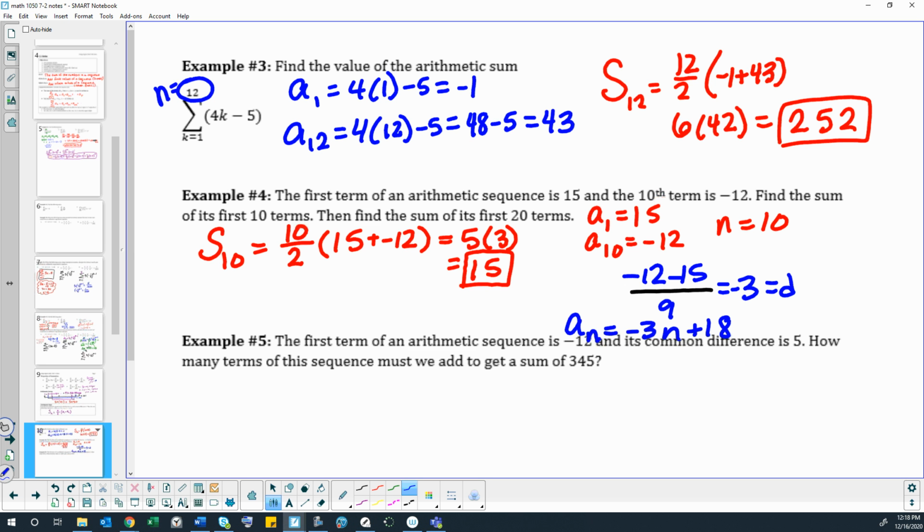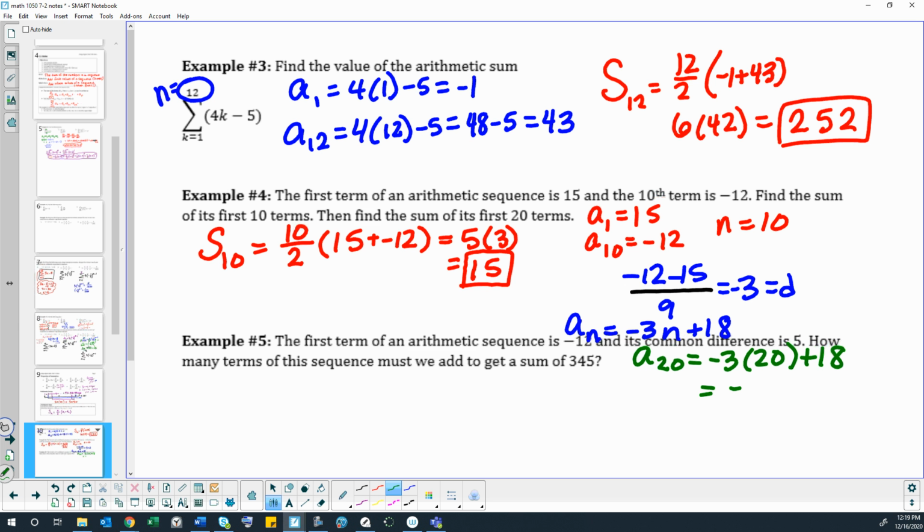What do we need to do the second part of this problem? We need the 20th number, don't we? So we're going to find a sub 20 by going negative 3 times 20 plus 18. So negative 60 plus 18.